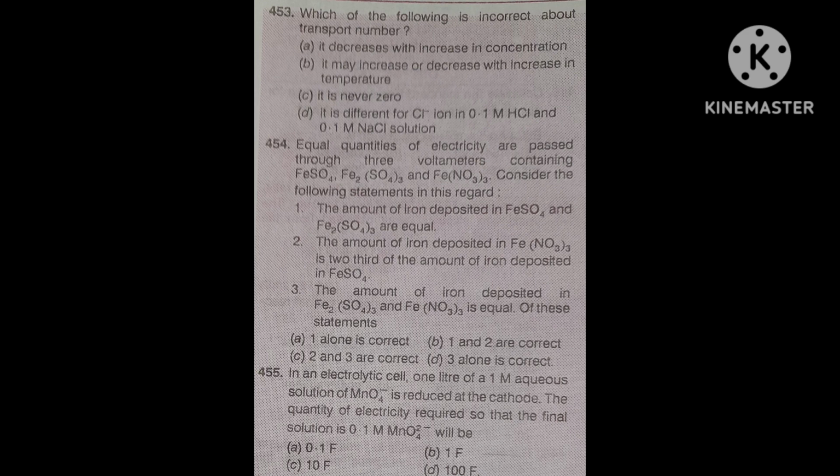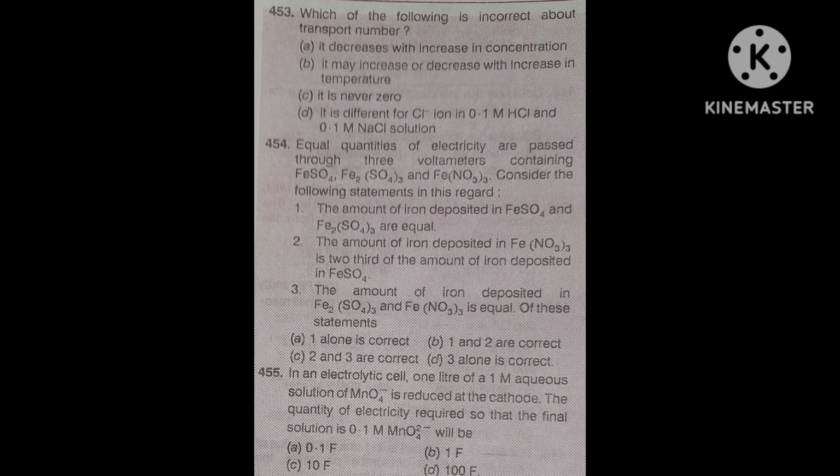Now I am giving you a hint. Here 3 statements are given and you have to read the question very carefully. Equal quantities of electricity are passed in 3 solutions. First solution is FeSO4, second is Fe2(SO4)3, third is Fe(NO3)3, through 3 voltameters. First statement: amount of iron deposited in FeSO4 and Fe2(SO4)3 are equal.